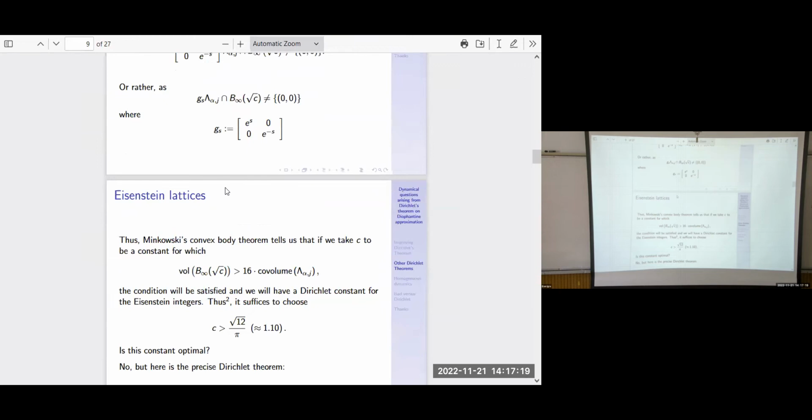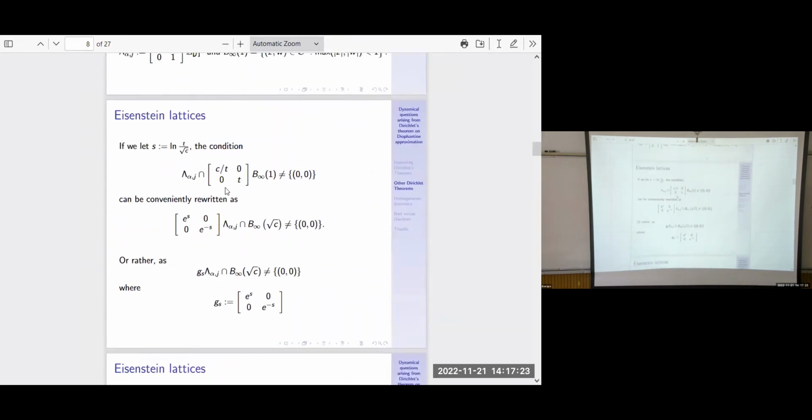Questions? Okay. Maybe the question I have in mind is the lattice lambda alpha j. What's its covolume? I mean, C square. Because you look at Z[j]. You can write a basis as 1, 0, 1 over 2, square root 3 over 2. So when you take the product, it turns out to be 3 over 2.